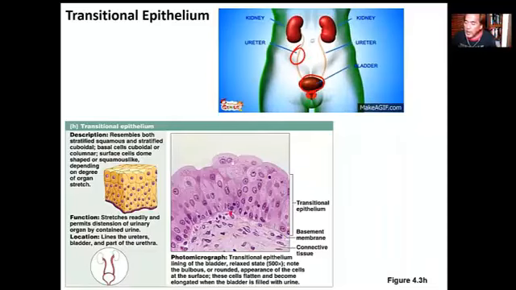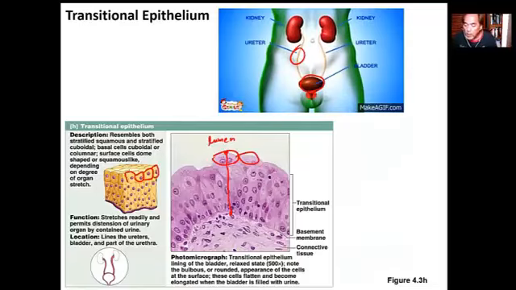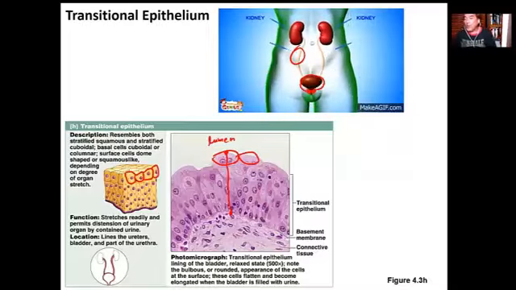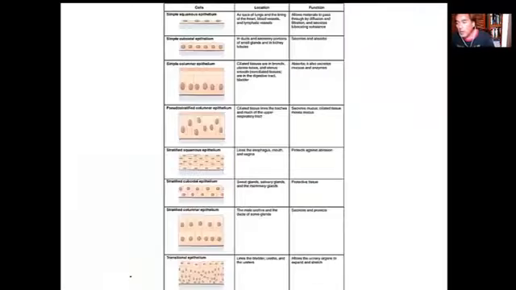So from here to here is epithelium, and this is the cavity or the lumen of the tube or the bladder. If you notice, the cells on top look like mushrooms, they're big compared to the bottom. So this is the specialized type of stratified epithelium called transitional epithelium. And where do you see this? Ureter and bladder.